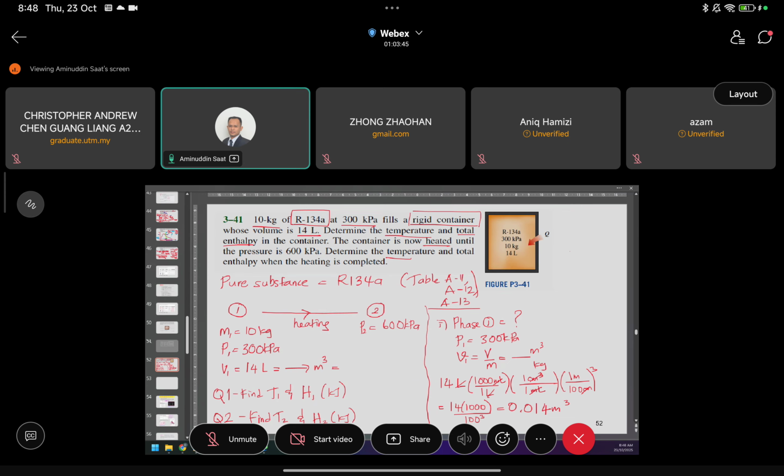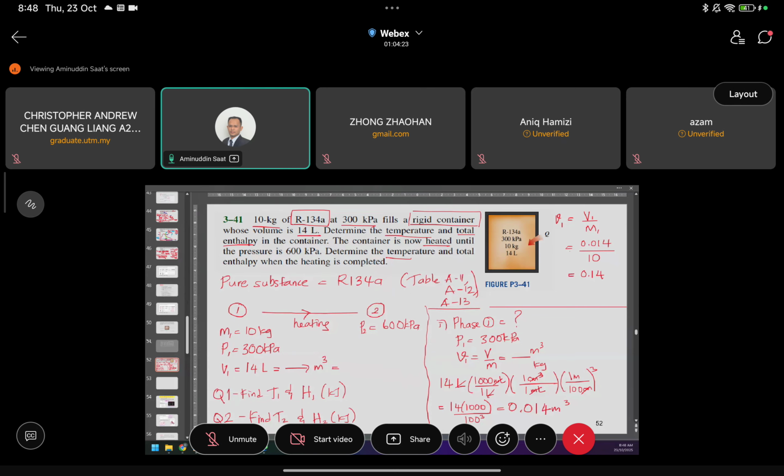So I put it here. V1 equals V divided by M. So V1 is 0.014 divided by M, which is 10 kilogram. So 0.14, is it correct?